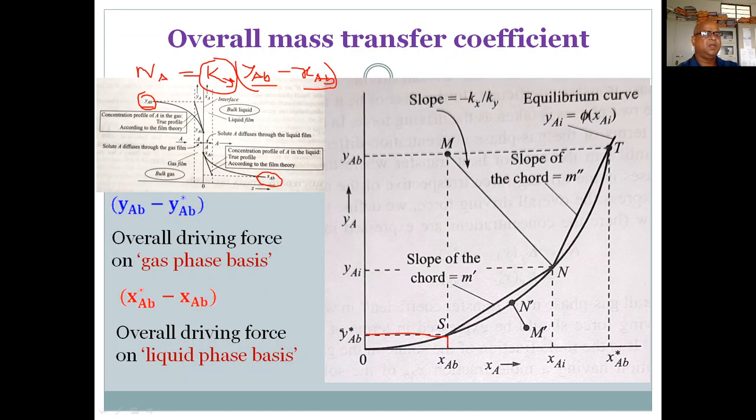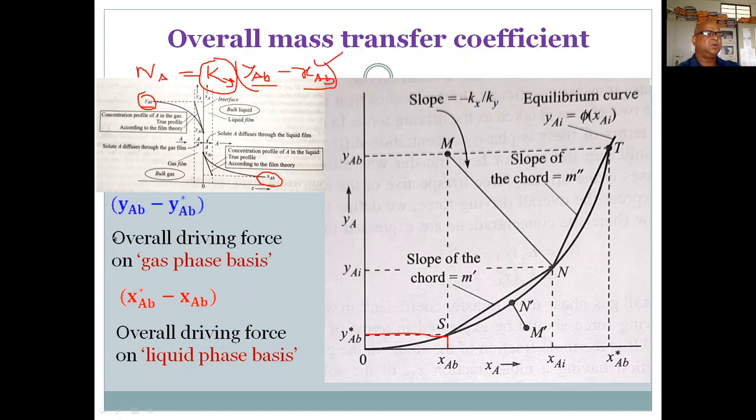Because you know YAB and XAB, but you cannot subtract them, you have to convert to a single phase. So instead of doing this, I can easily make YAB minus YAB star, where YAB star is the equilibrium concentration of XAB.